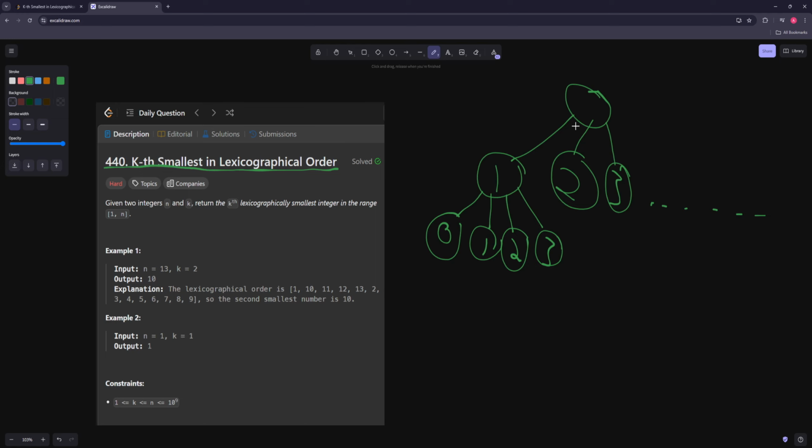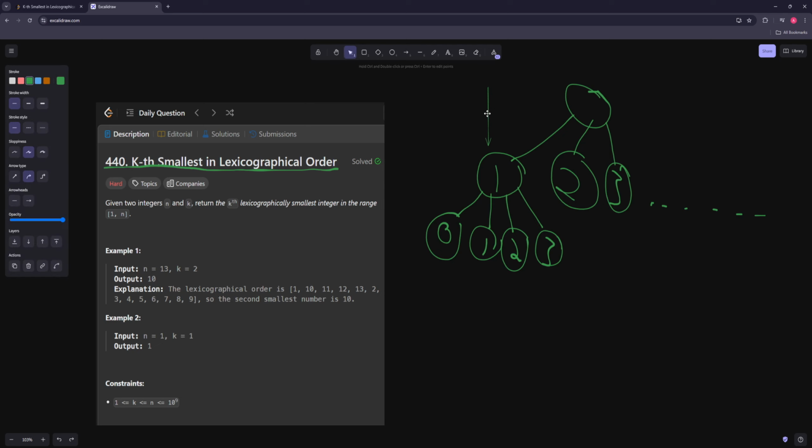So this would basically be the whole tree. It would be 1 to 9, and then the 1 would have these, and everything else wouldn't have any of these. The basic idea is we're going to start at 1, and we can either traverse down to get more digits and say 1 is our starting digit, or 1 is not our starting digit, and we're going to traverse to the right.